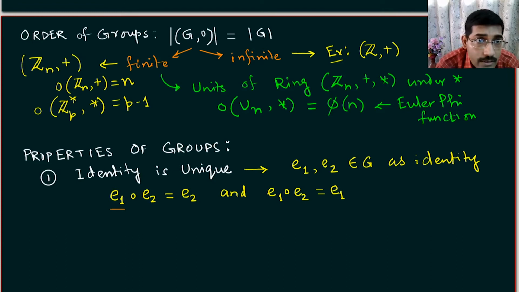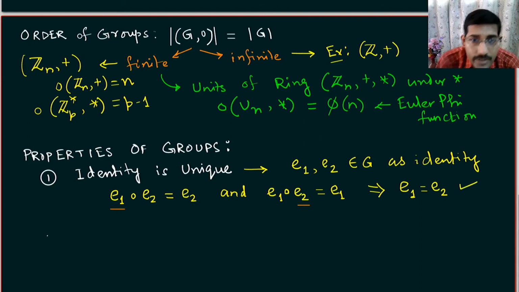So what do these two reveal? They reveal that E1 and E2 should be the same, because E1 operated with E2, due to binary composition closure, always results in the same thing. That's why we have proven it.